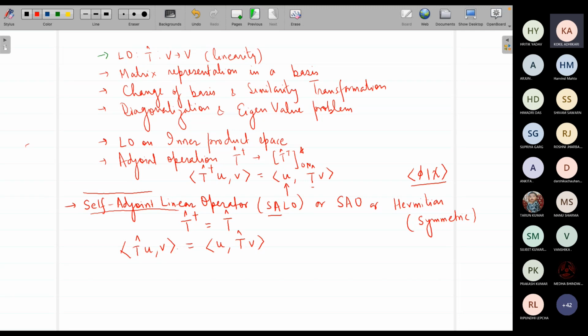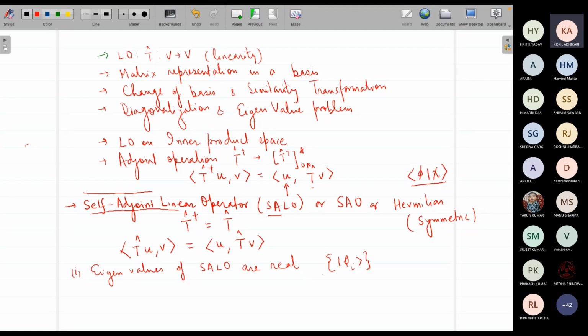The definition is simple, but the consequences are remarkable. One consequence is on eigenvalues: the eigenvalues of a self-adjoint linear operator are always real. Of course, we will have to show that. To show it, let's take the eigenbasis of a linear operator T such that it is self-adjoint.